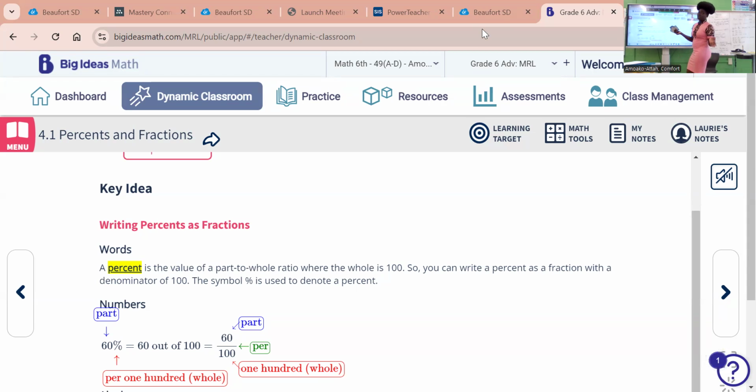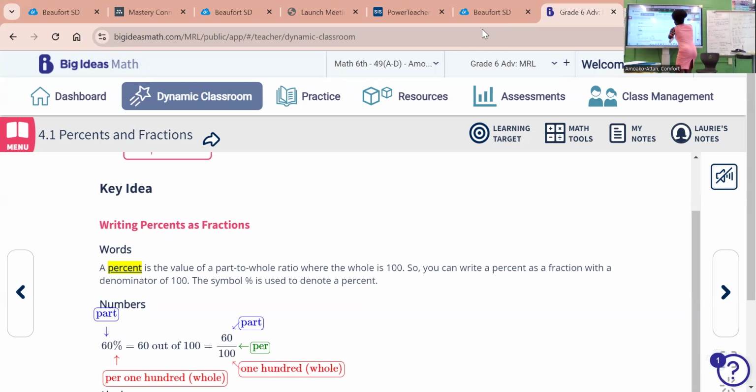So when you say percent, you know what a percent means. Example, you guys have been doing so many tests and you have been getting so many grades from your teachers, right? So let's assume you had 25% in a test. What does that mean? The test was out of 100, but out of the 100, you scored 25.